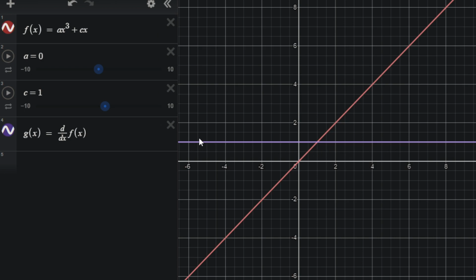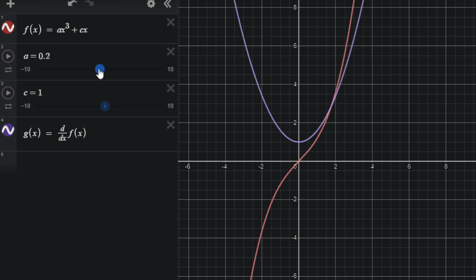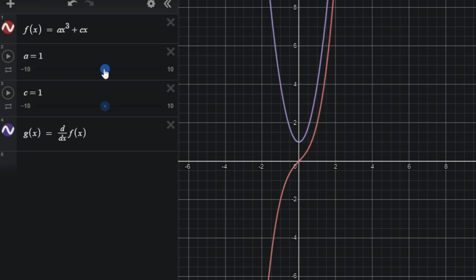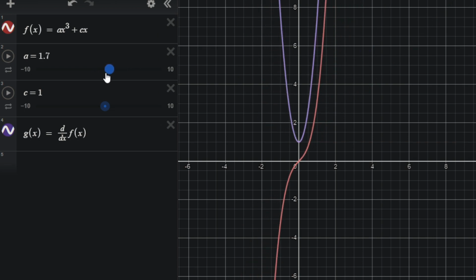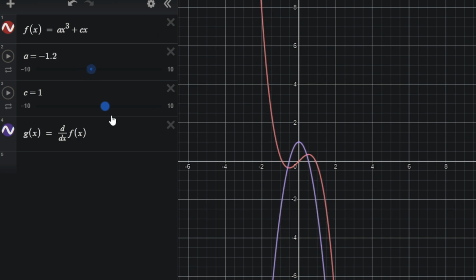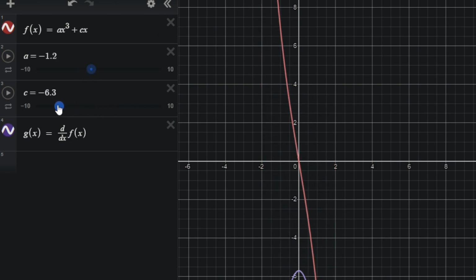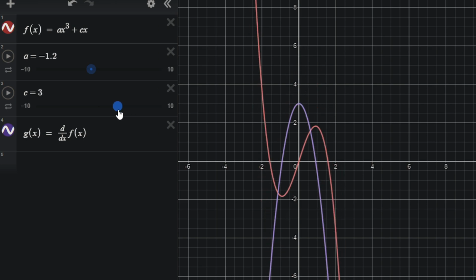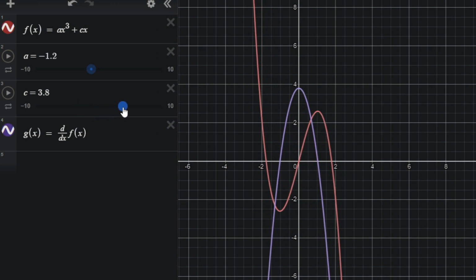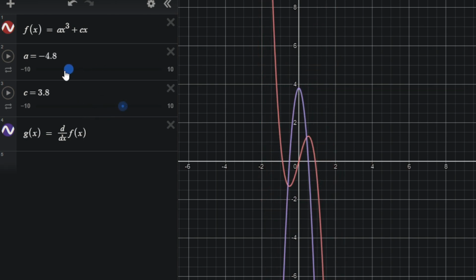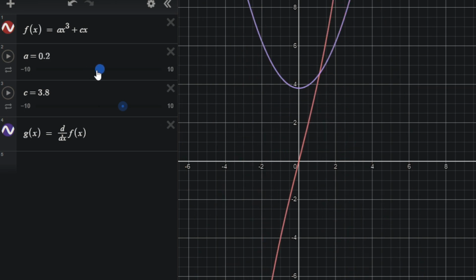The derivative is just 1 in this case. 1 is a positive number, so the derivative is always positive. So this function is always increasing, okay? So yeah, I was just trying to see if I can make any more interesting shapes here. I think that's pretty much it for this polynomial. So let's look at some other examples now.